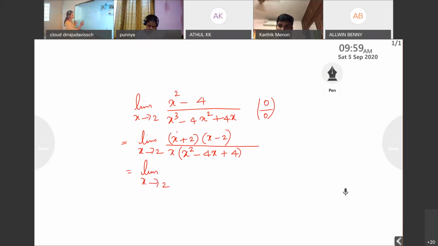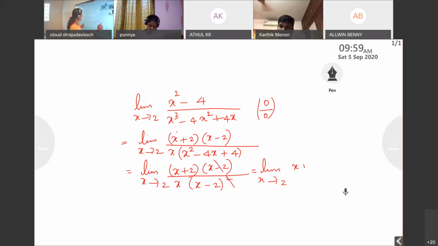Limit x tending to 2, x plus 2 into x minus 2 by x into x minus 2 the whole square. Now one x minus 2 will get cancelled. So we get limit x tending to 2, x plus 2 by x into x minus 2.